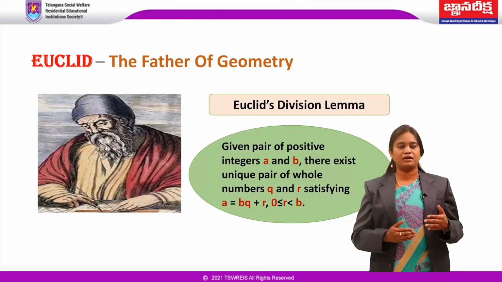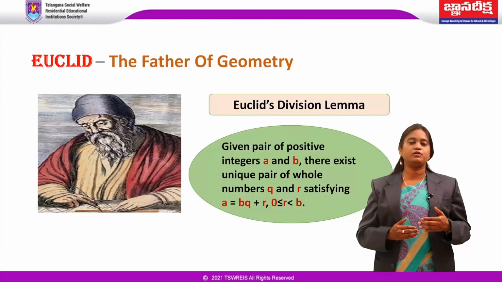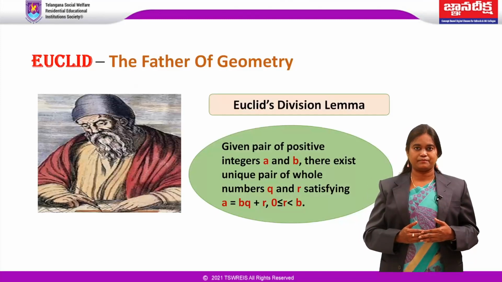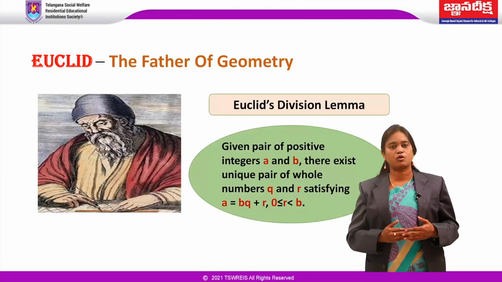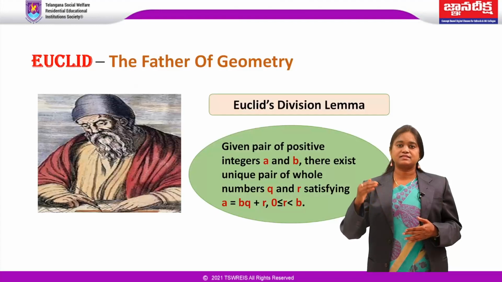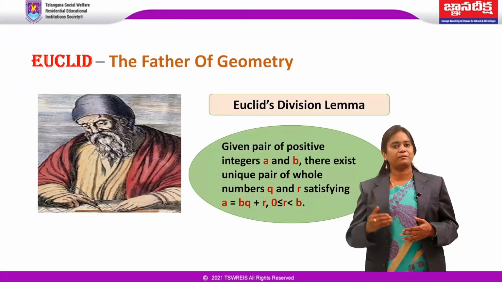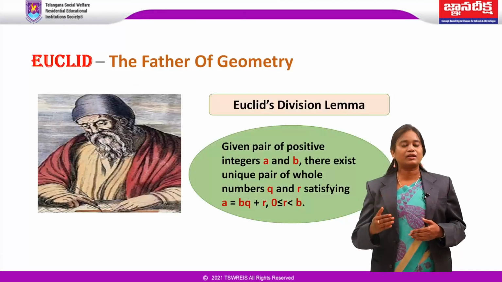This result was first recorded in Book 7 of Euclid's Elements, and this type of representation is called a lemma in Greek, and since this is proved by the Greek mathematician Euclid, it is called Euclid's division lemma.